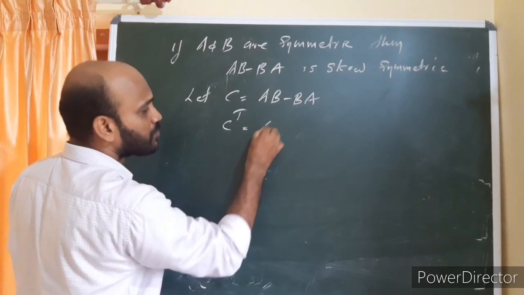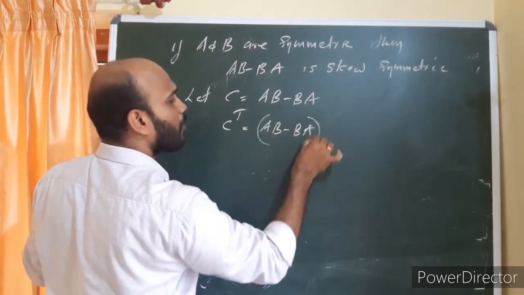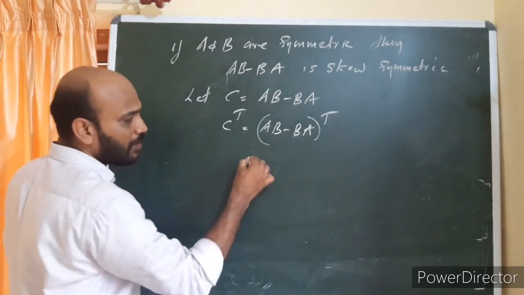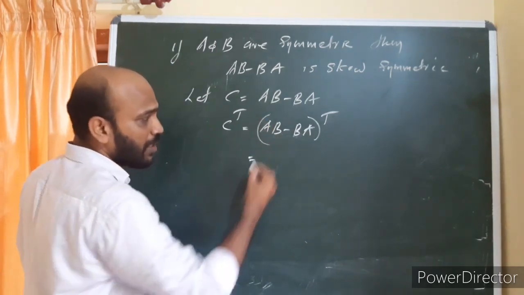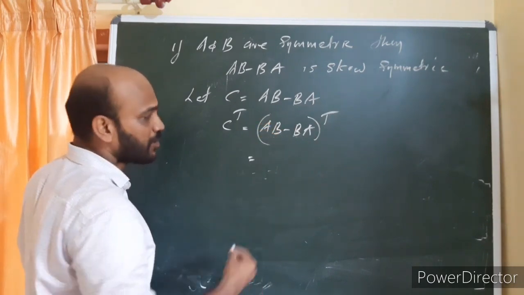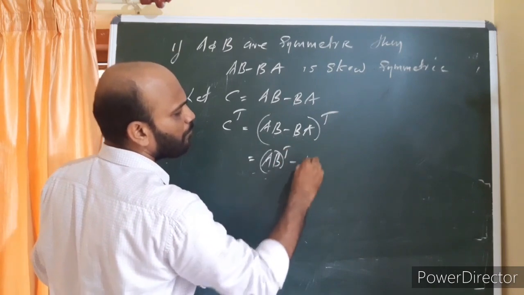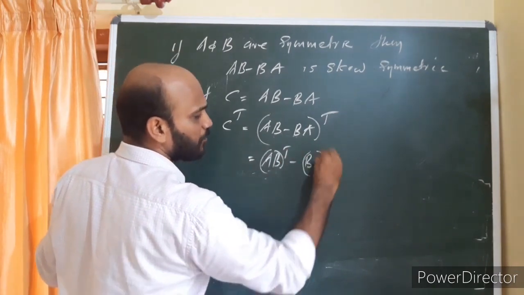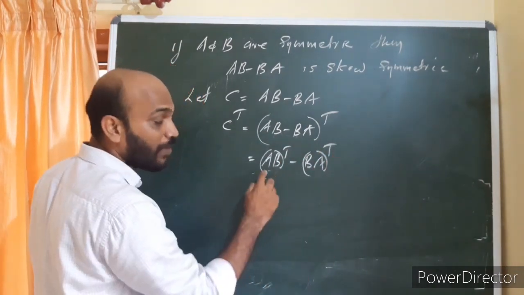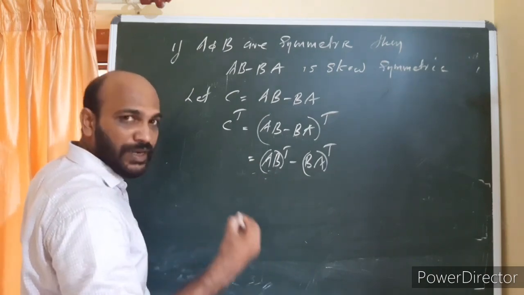What is C transpose? C transpose will be AB minus BA whole transpose. Now you have to use property of transpose. A minus B whole transpose equal to A transpose minus B transpose. So you will get AB transpose minus BA transpose. Right? Now what is AB whole transpose? That is B transpose into A transpose.